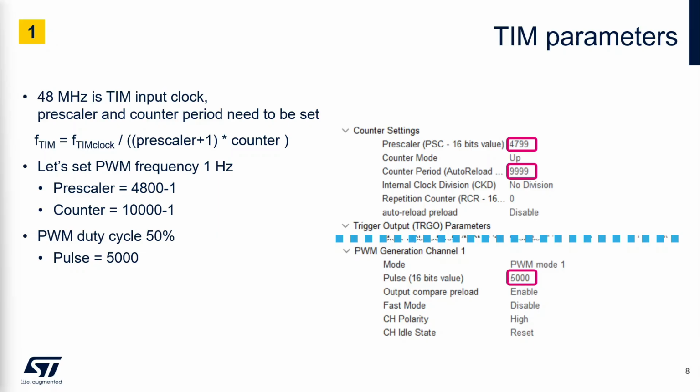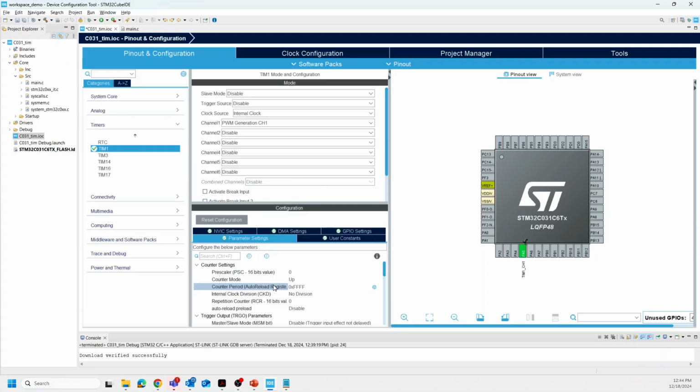And now it's time to set the frequency of the timer to 1 Hz for LED blinking. Because my clock is 48 MHz, we need to divide by 48 million, and it is divided into two parts: 4800 for the prescaler and 10,000 for the counter.